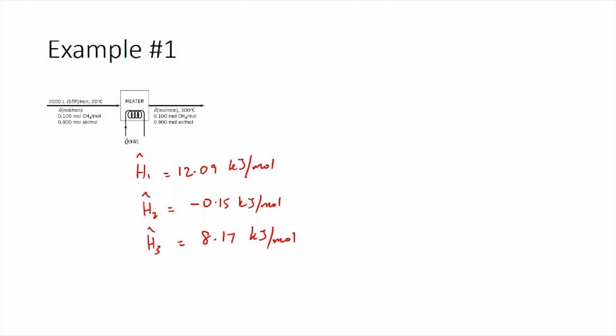So, now we have the values for H1 cap, H2 cap and H3 cap. So, the delta H dot value, which is equal to sigma of outlet Ni dot Hi cap minus sigma of inlet Ni dot Hi cap, has to be calculated.